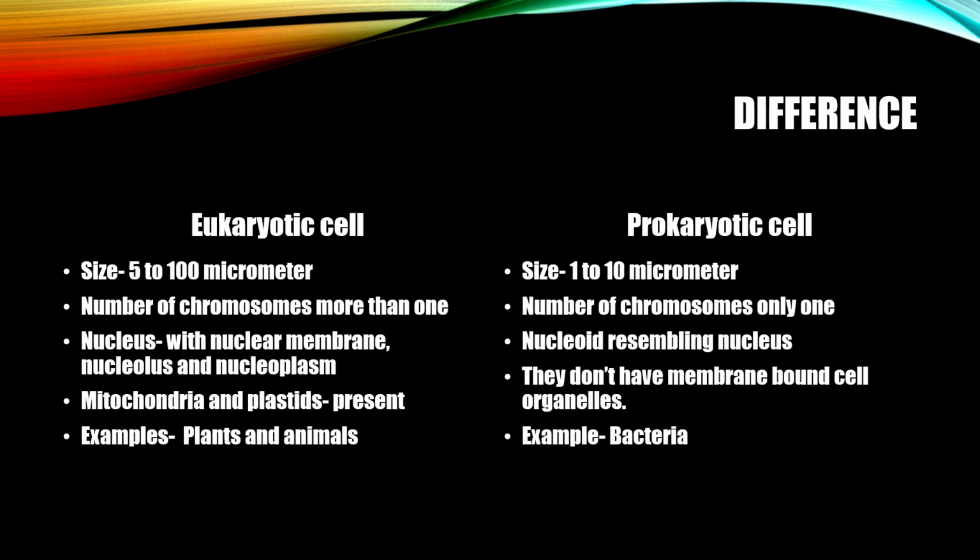Nucleus is with a nuclear membrane, nucleolus, and nucleoplasm in eukaryotic, and in prokaryotic, nucleoid resembling nucleus. Nucleoid looks like nucleus. Mitochondria and plastids are present in eukaryotic, and in prokaryotic they don't have membrane-bound cell organelles. Examples for eukaryotic are plants and animals, even humans come under them, and for prokaryotic the example is bacteria.